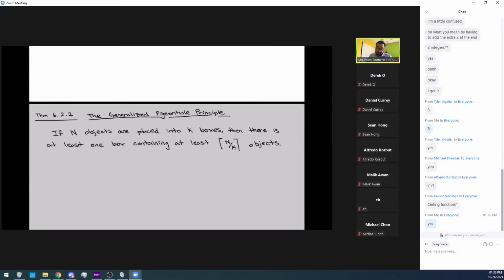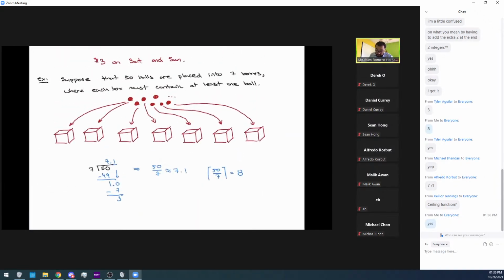I'll explain it again, just in case you didn't get it. Let's say each box contains at least one ball. So I put one ball here, one ball here, one ball here, and so on. All of these have one ball, and I'll do it in green, so you can see that. They all have one ball. Now, even if we chose a box at random, let's say I chose this box here, there will be 43 left.